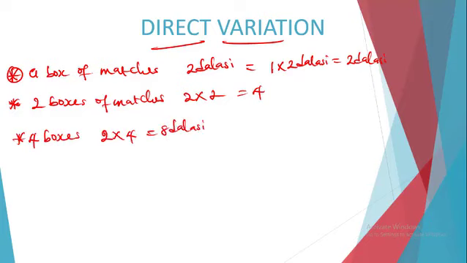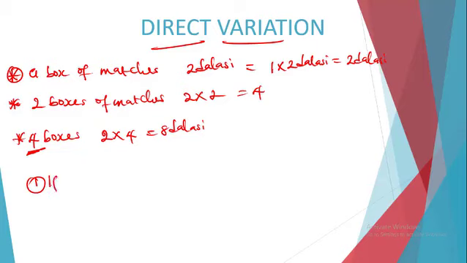Do we understand? So we say that the price and the number to be purchased are directly proportional.